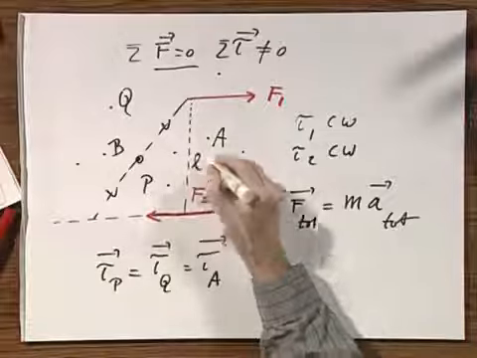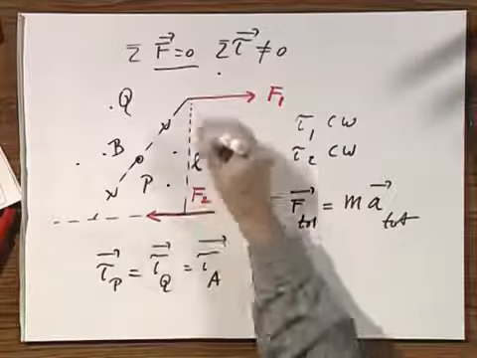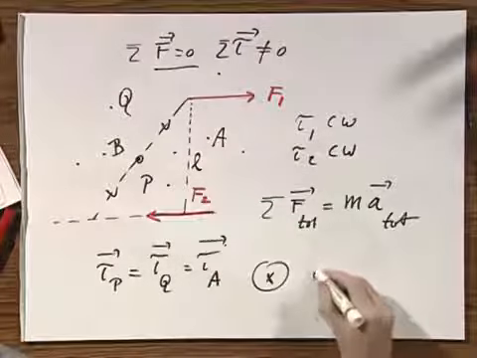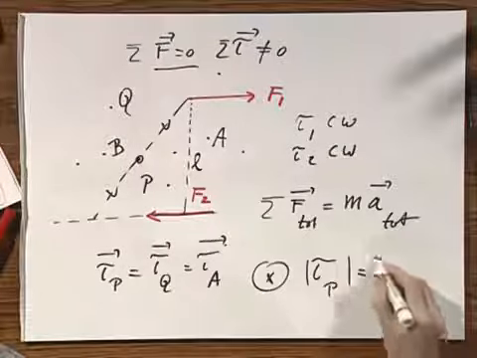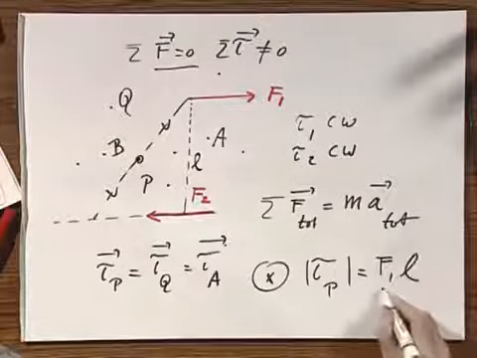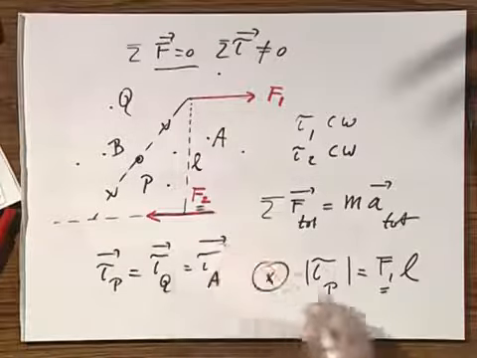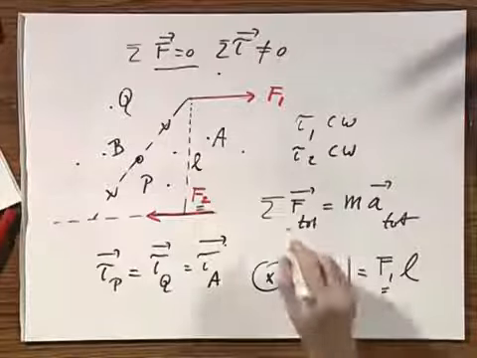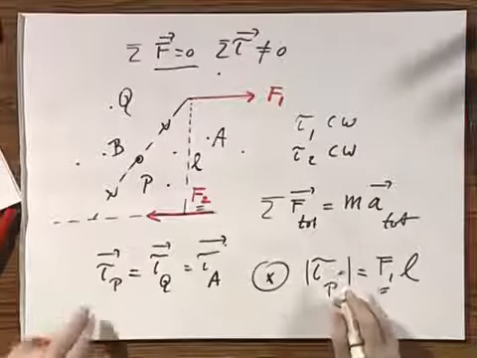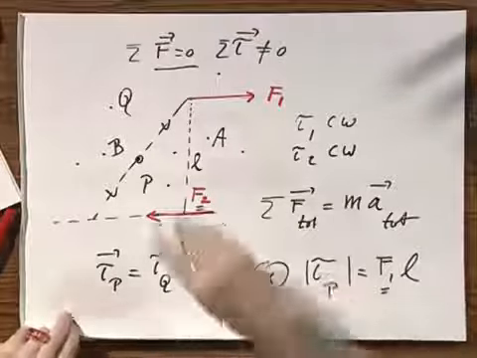If I call this separation between the two L, then the magnitude of that torque, no matter which one you take, would be F1 times L, but F1 of course also in magnitude is the same as F2. But that's a very special case. Torques are key in rotation, and we will see several examples of that today.